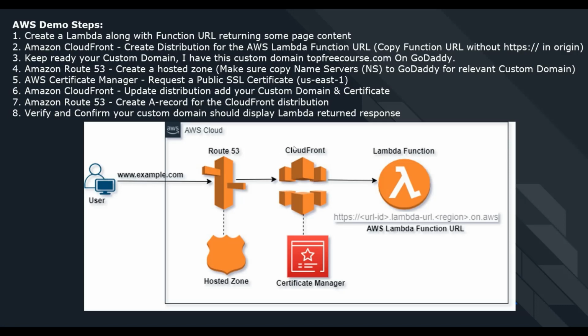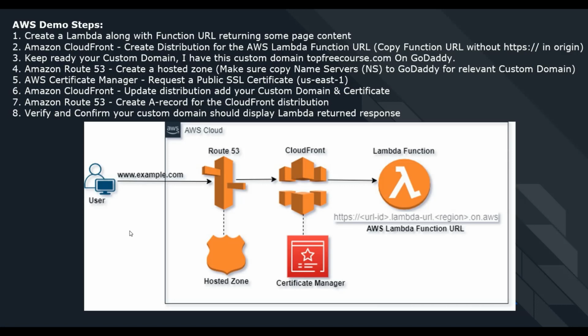So we again updated our CloudFront distribution with the SSL certificate and our custom domain, so that we are able to access this CloudFront distribution through that domain. And in Route 53 we created a hosted zone. The hosted zone gave us some NS records, so that name server record we map with our third party.